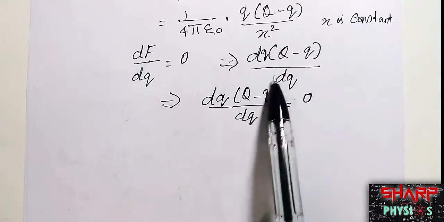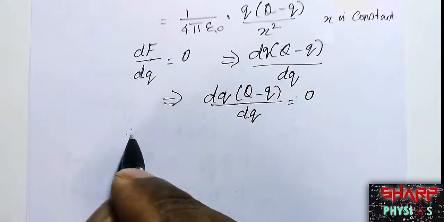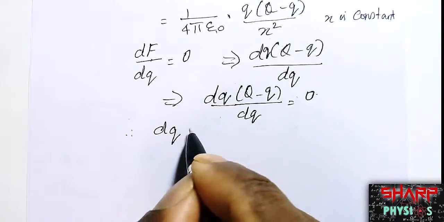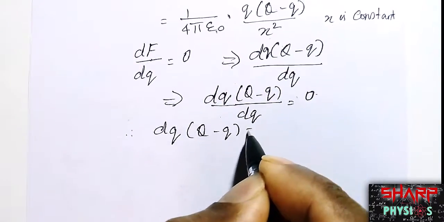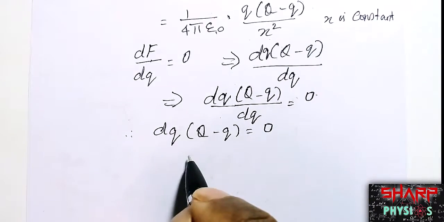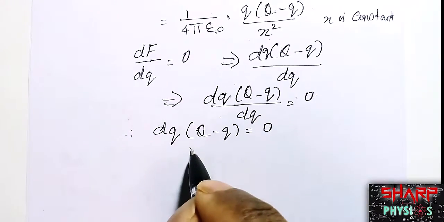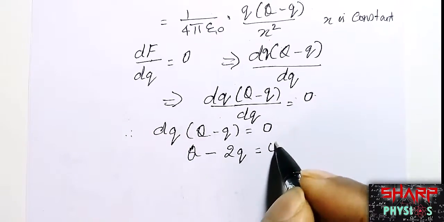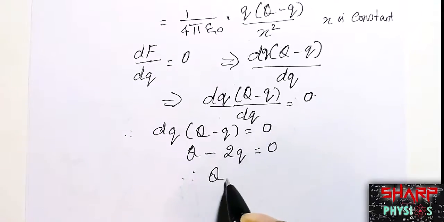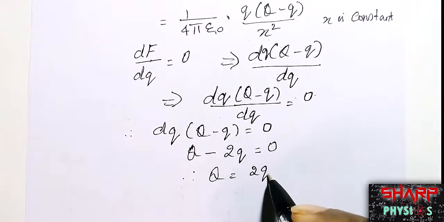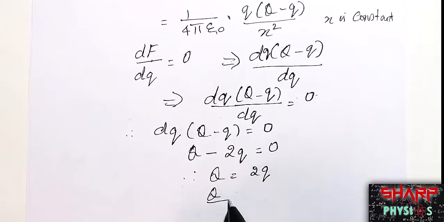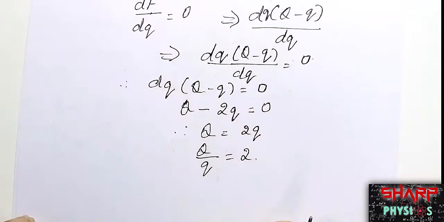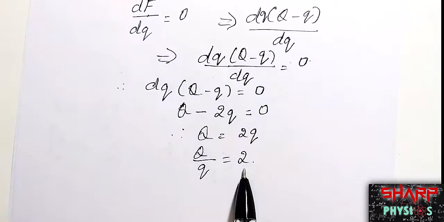So just deriving the equation here, by the derivative method, you get Q minus 2q is equal to 0. Therefore, Q is equal to 2q. So Q by q is equal to 2.